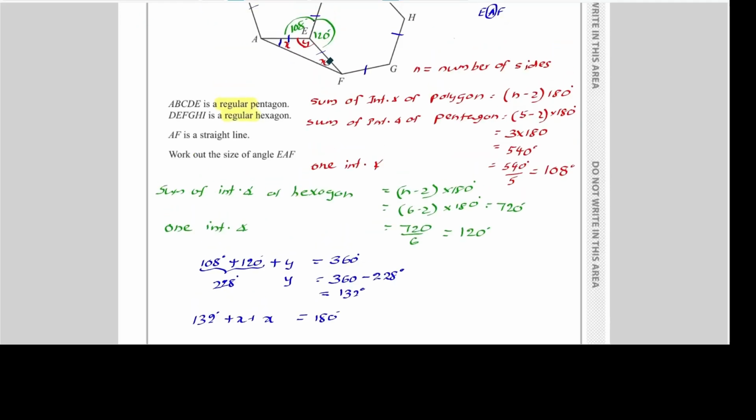Now y equals 132. Therefore, 132 plus 2x equals 180.